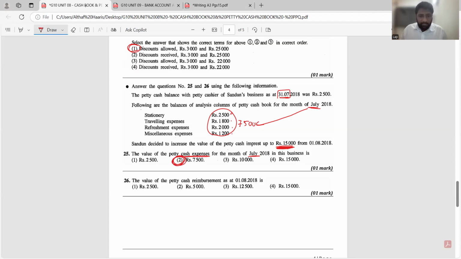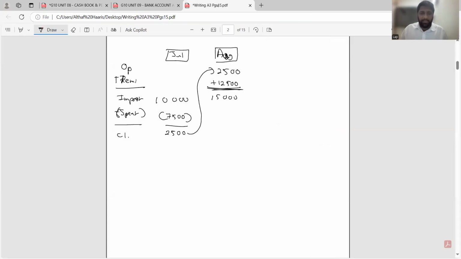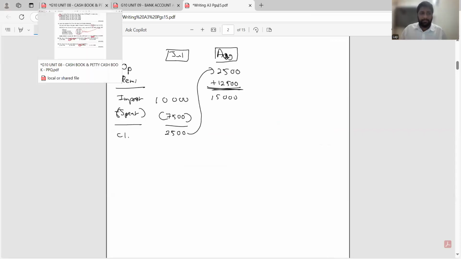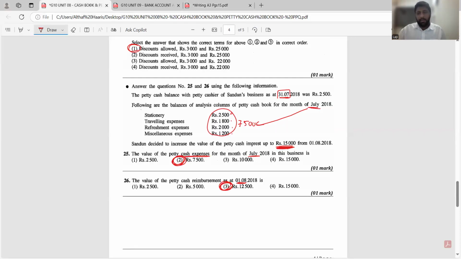Next one, the reimbursement, 12,500. In August morning itself, he will get 12,500. So always make sure to follow this format. It's simple. It will make your life easy. Done.